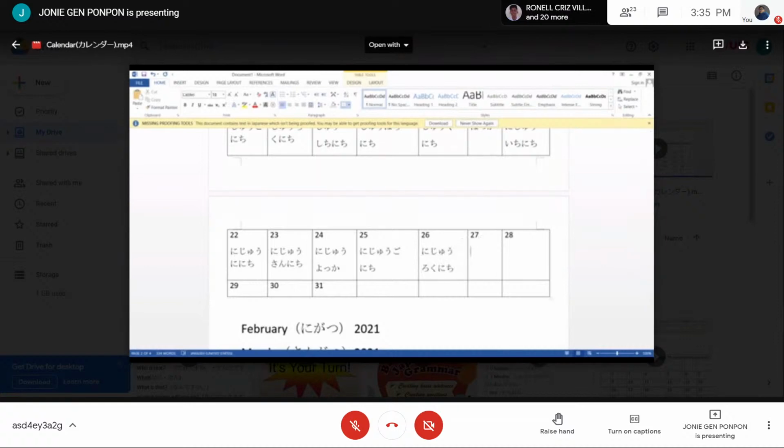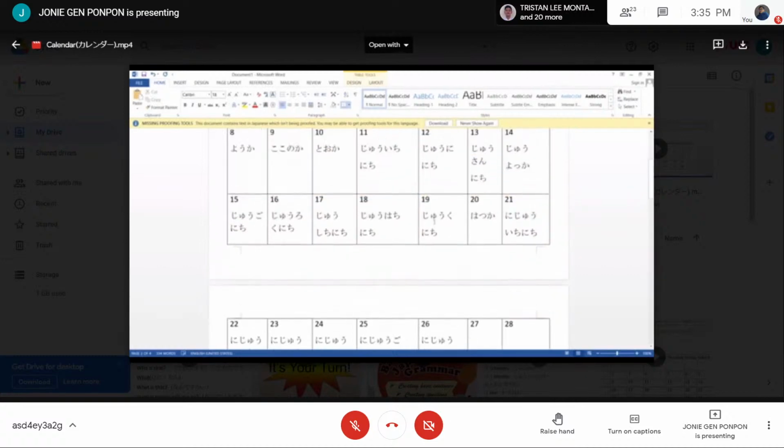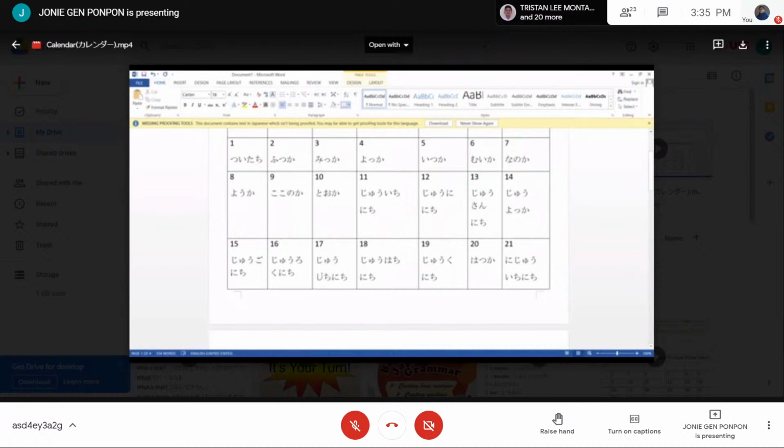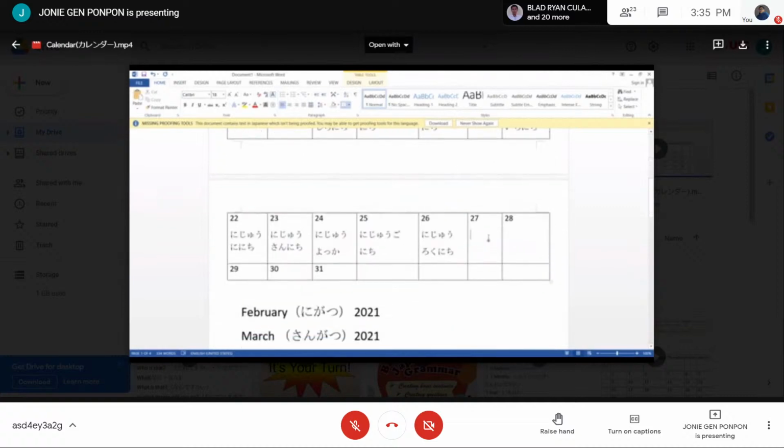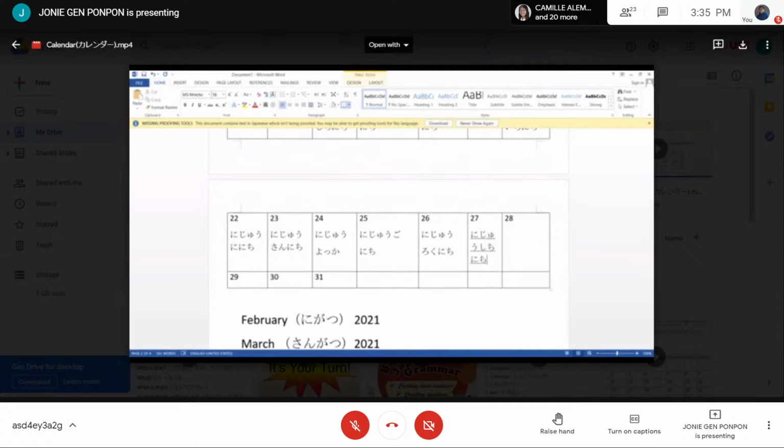For 27, it's an exemption, okay? Because the 17 here is an exemption, right? So for 27, the same. Not the regular reading, but nijushichi nichi.